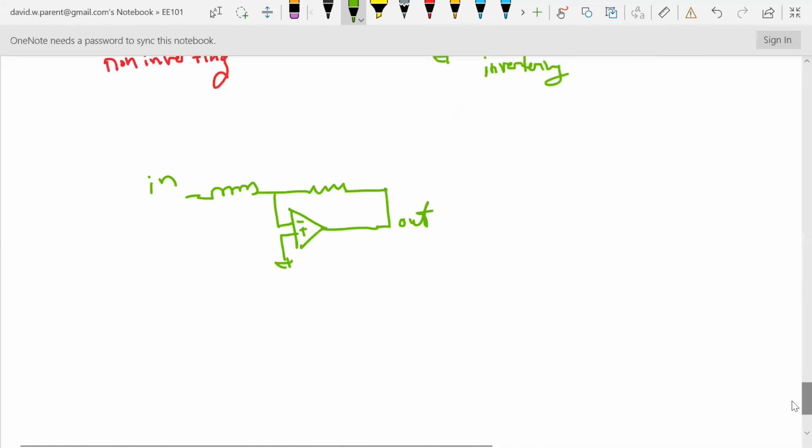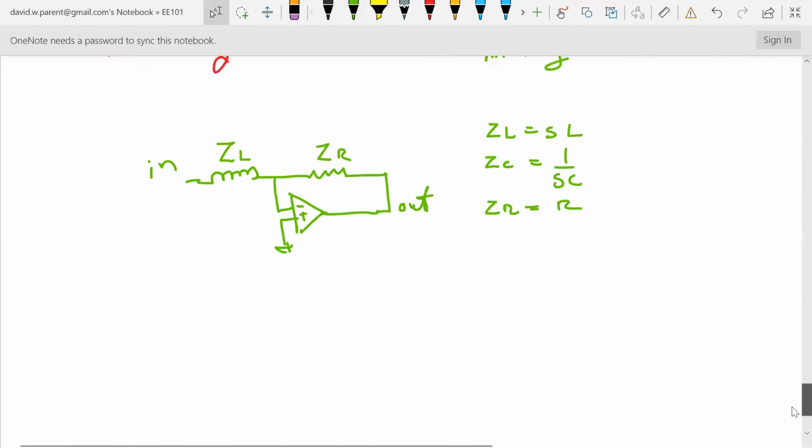Well, there's two things. If you use the impedance, right, ZL equals SL, ZC equals 1 over SC, and ZR just equals R, right? You can rapidly come up with what's going on.